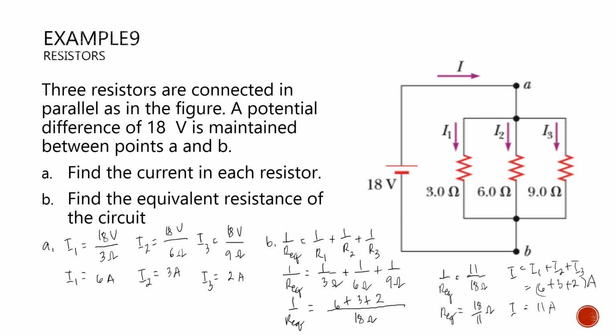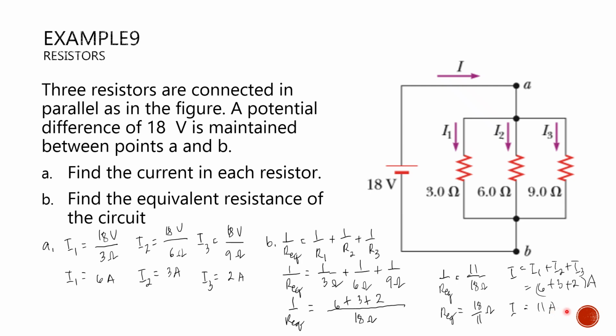Okay, and we can prove that the voltage is 18 by multiplying the equivalent resistance and the current value. So 18 over 11 times 11 is 18.